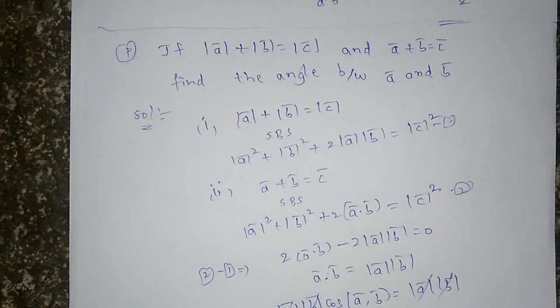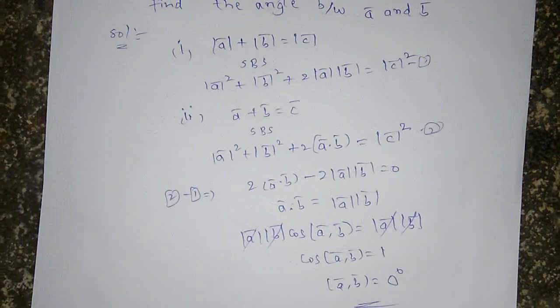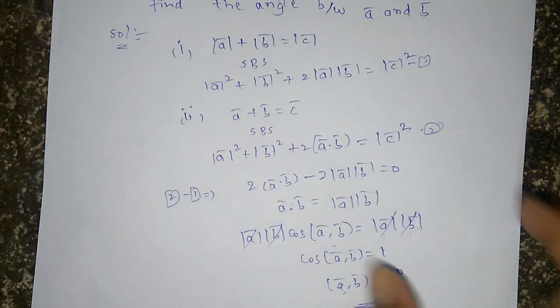Cos inverse 1 is 0 degrees. Here |a| got cancelled, |b| got cancelled. Cos of the angle between a and b is equal to 1, implies the angle between a and b is equal to 0 degrees.